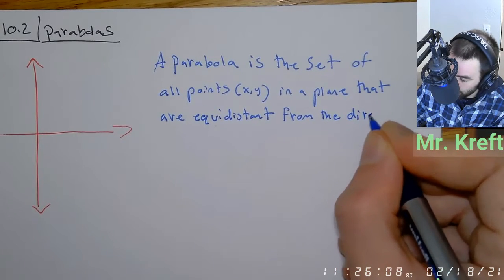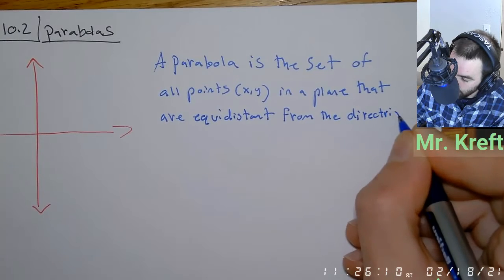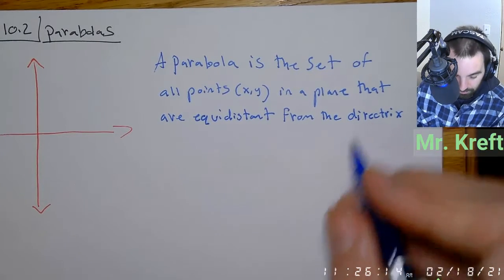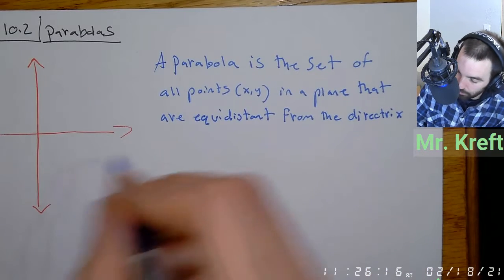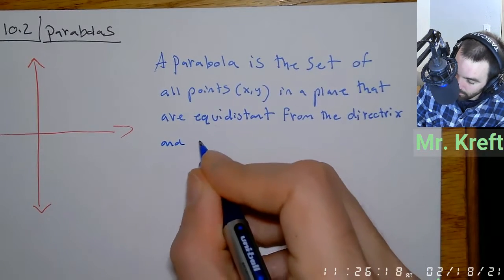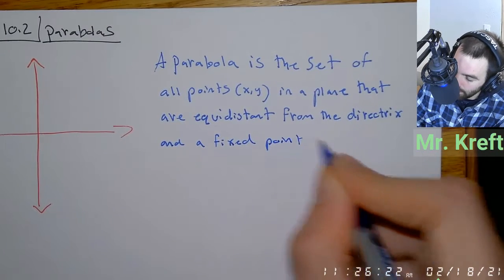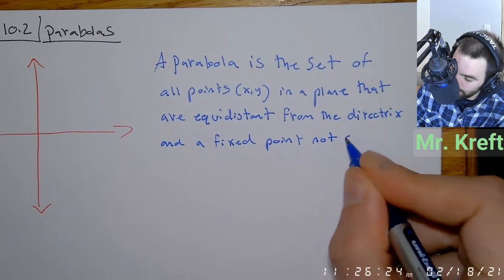So from the directrix, right? Direct and then trix, like tricks are for kids, directrix, and a fixed point not on that line.